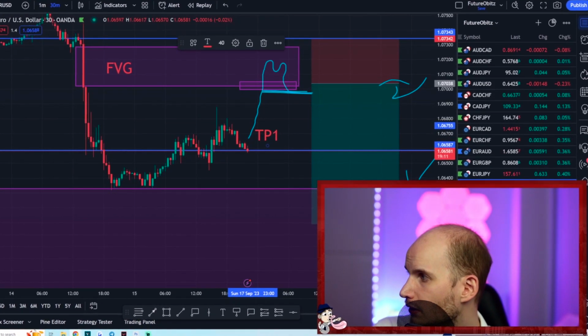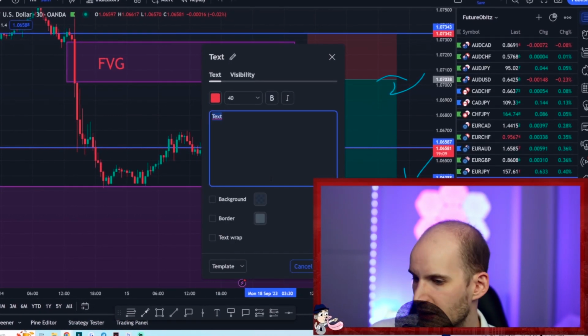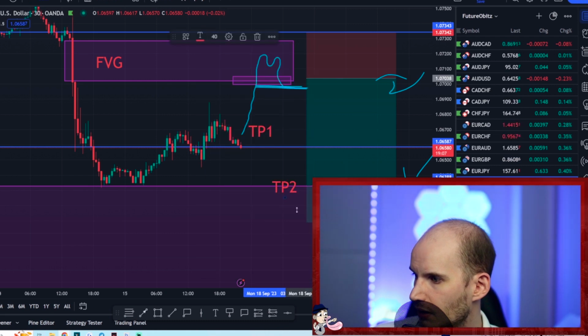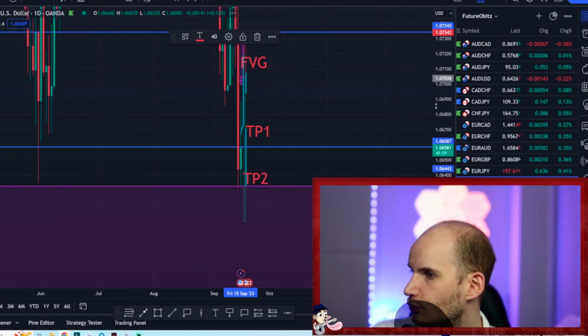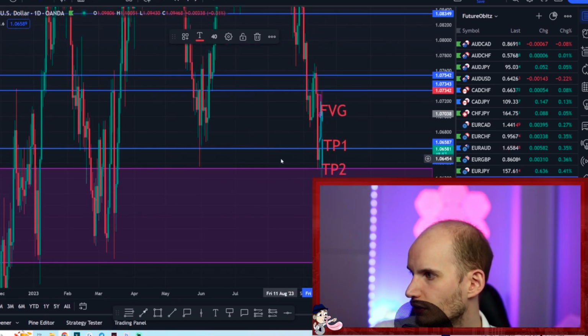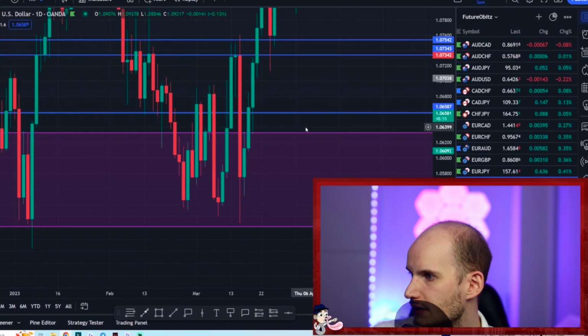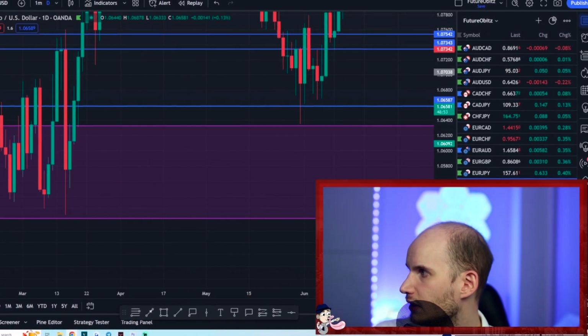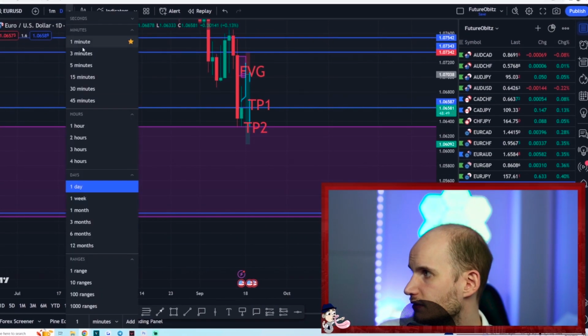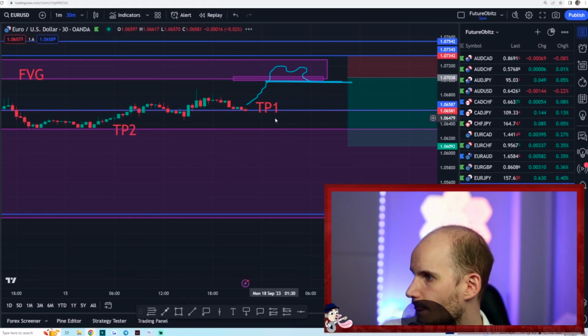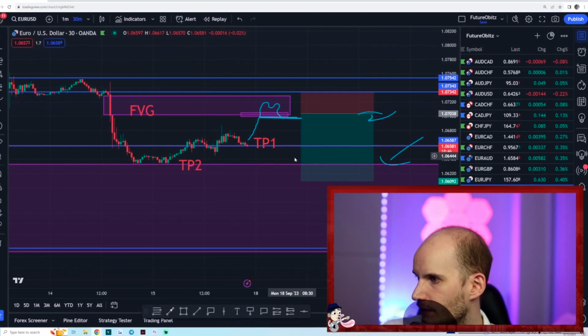So I'll put my TP1 here, and I'll put my TP2 down here at the bottom, and then I will take a TP3 based off previous lows. So if I go here, I can see that down here we have the end of this demand zone here.